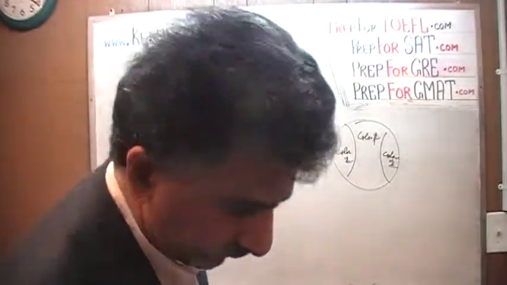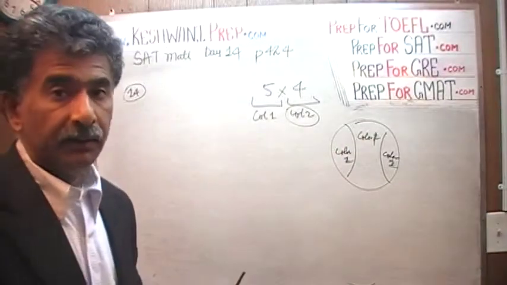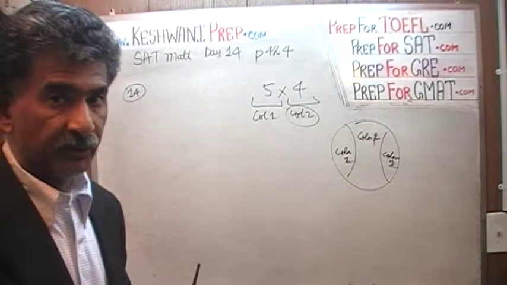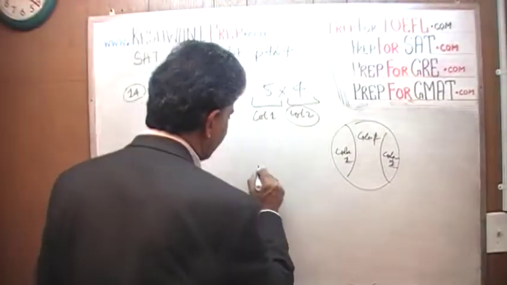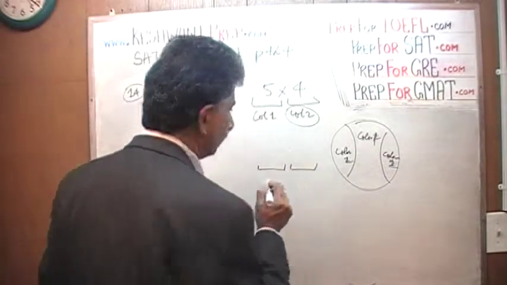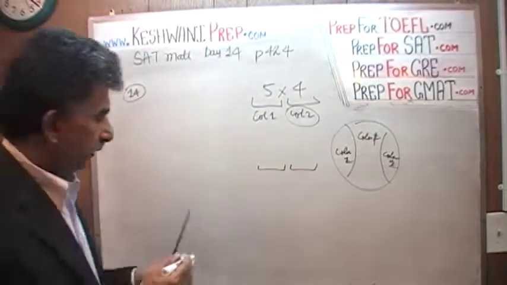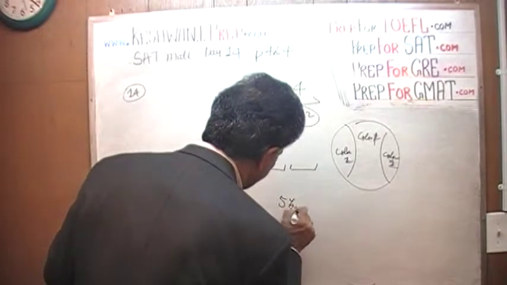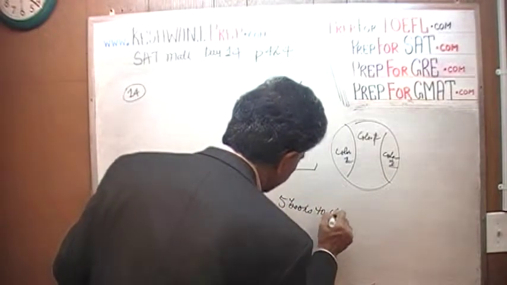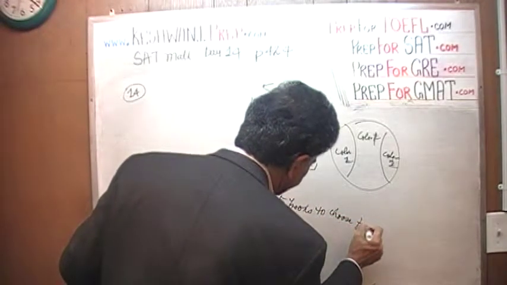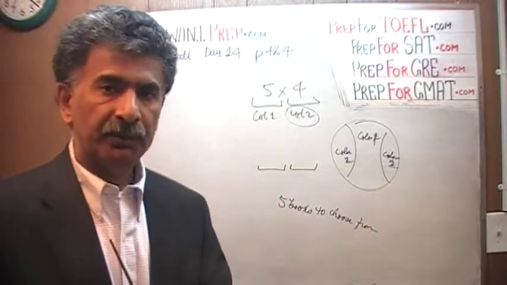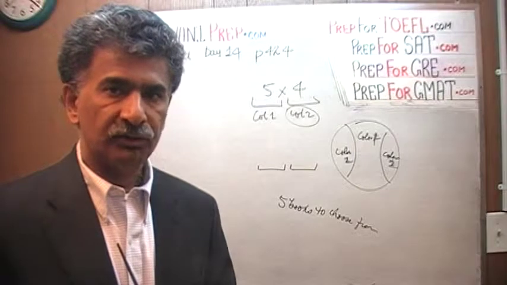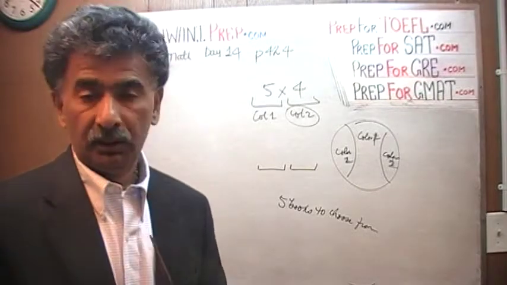You understand? The other form this question appears in the SAT, it has appeared in the past, is something like this. They tell you that on your bookshelf you have room to put 2 books. And you have 5 books to choose from. If on my bookshelf I have room to put 2 of these 5 books, how many different ways can I arrange 2 books on the shelves out of the 5 books?